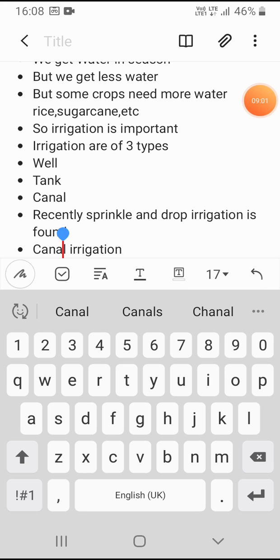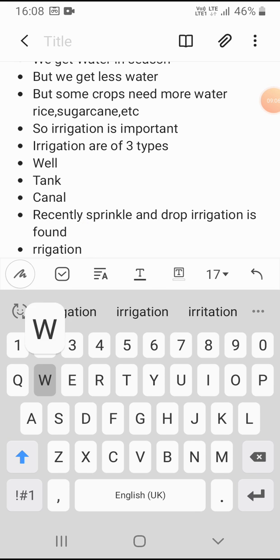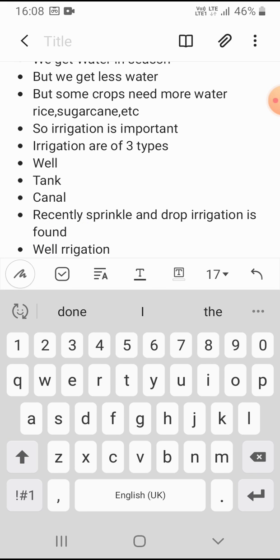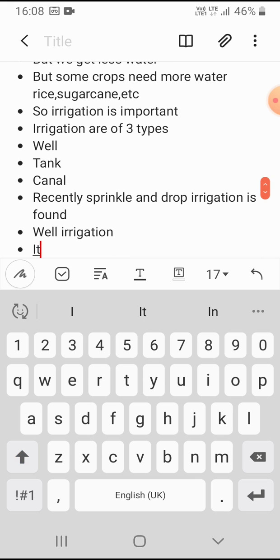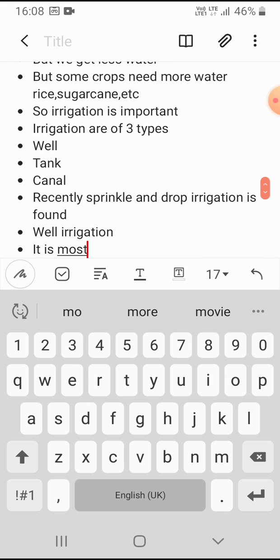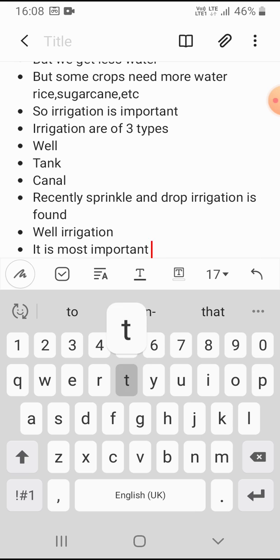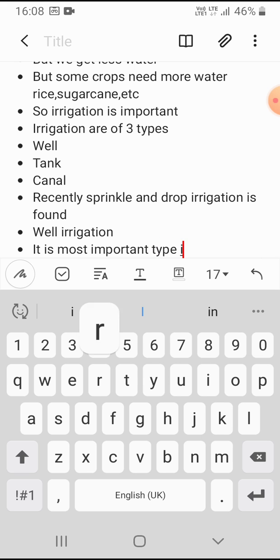So first let's know about well irrigation. Then we will know about canal irrigation. Well irrigation is the most important type of irrigation for India.